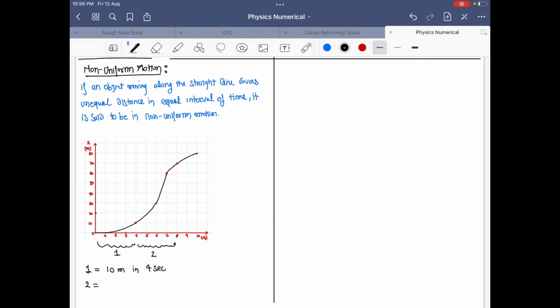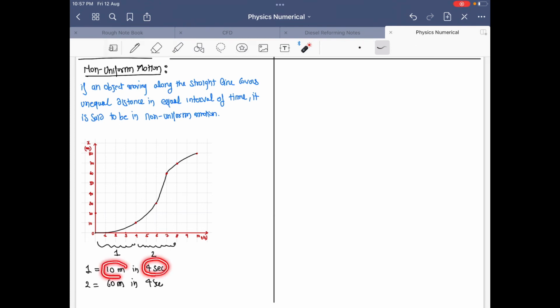Now look at the second interval. The object started from here and then moved and came to a distance of 70 meter. How much distance has it covered? 70 minus 10, it's 60 meter. 60 meter in how much time? 4 seconds.